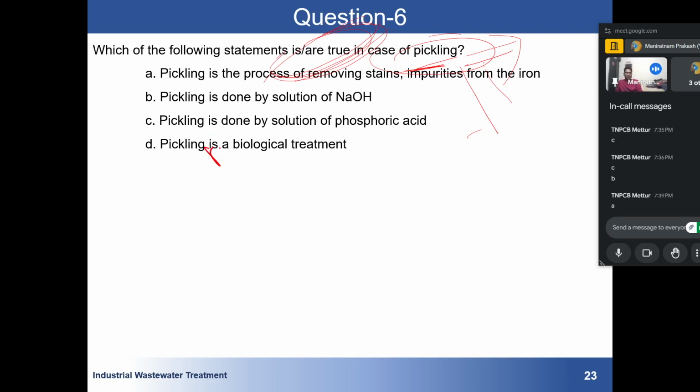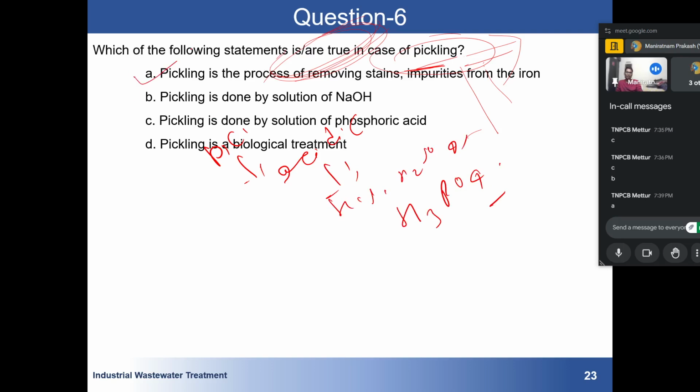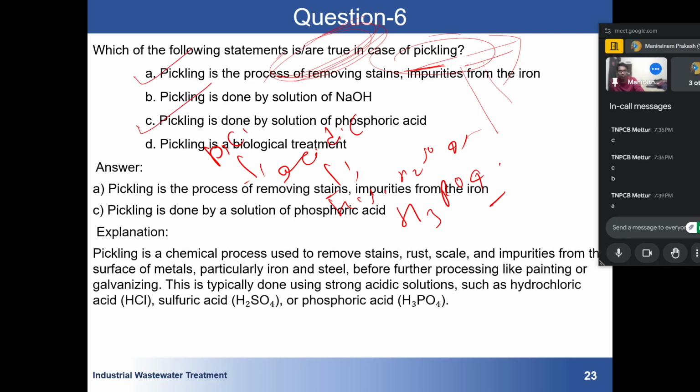Yes, you are correct that pickling is removal, but it is done in acidic conditions. Generally HCl, H2SO4 or phosphoric acid is used. The correct answer will be A and C. Pickling is a chemical process used to remove stains, dust, scale and impurities from the surface of metal, particularly iron and steel, before further processing like painting or galvanizing.